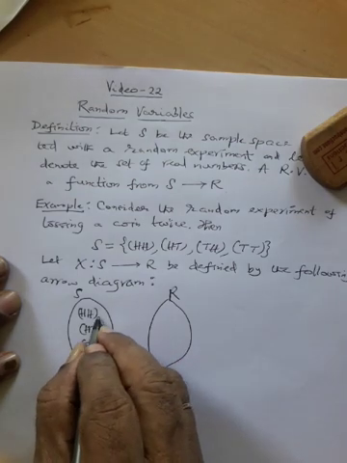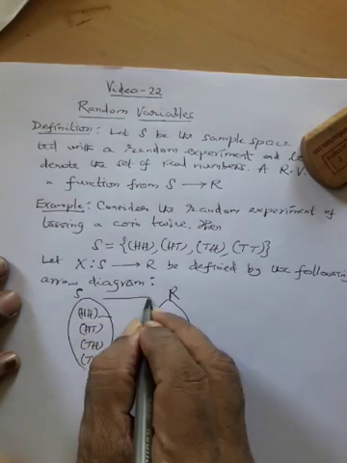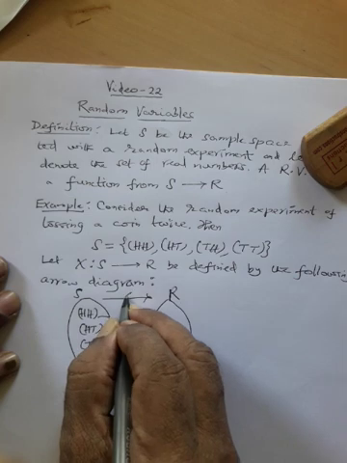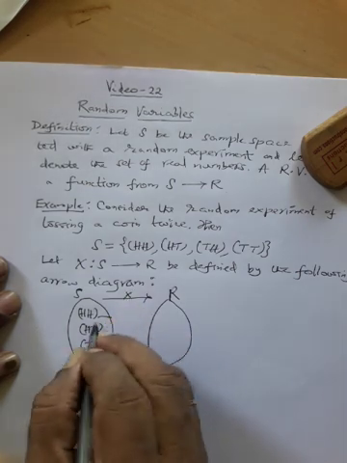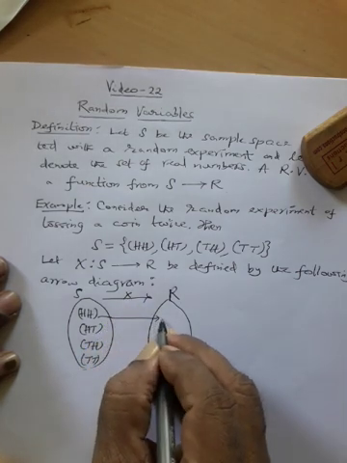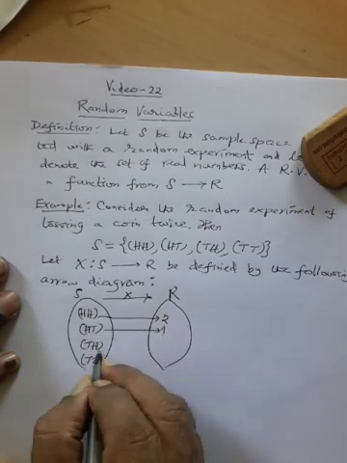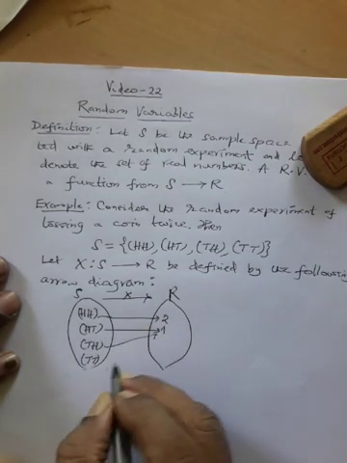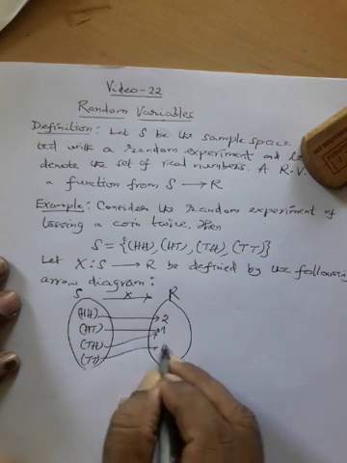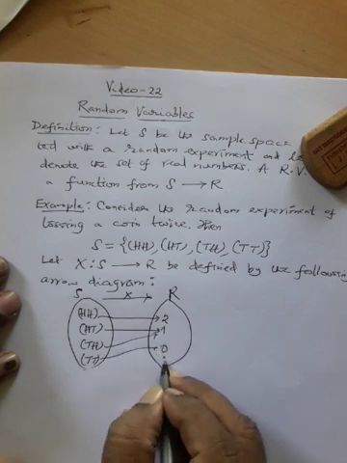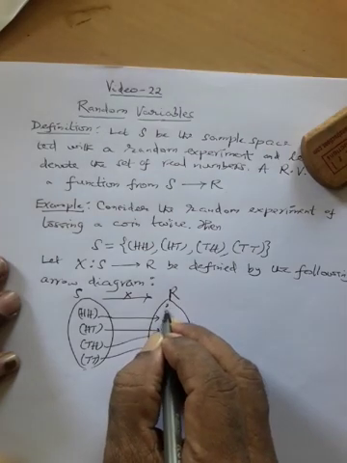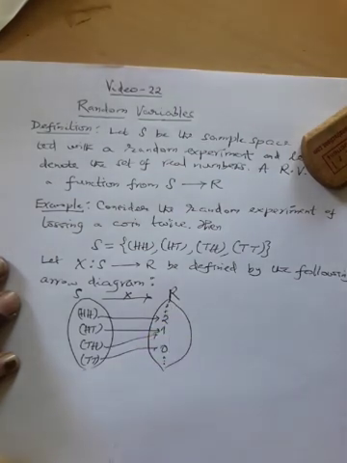We are going to define a function from S to R such that X takes HH to 2, HT to 1, TH also to 1, TT to 0. Okay, so we have defined a map, a function.